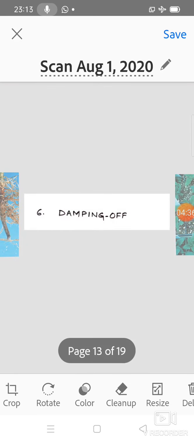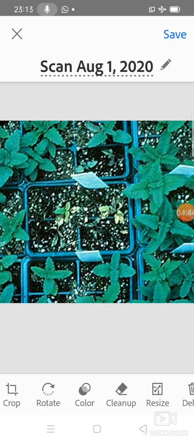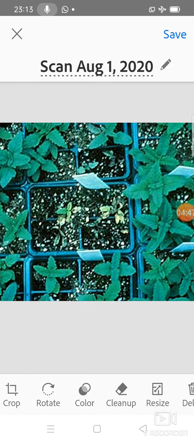The sixth symptom is damping off. Here we can see damping off, a rapid collapse and death of very young seedlings. Either the seed rots before the seedling emerges, or the seedling rots at the soil line and falls over and dies.